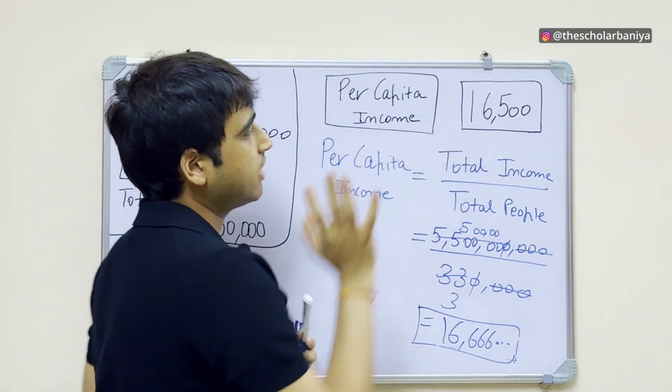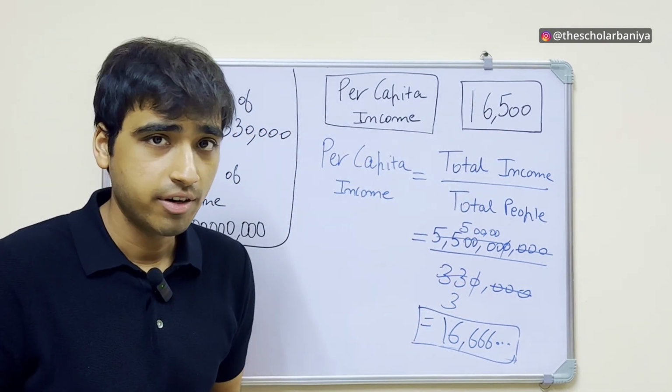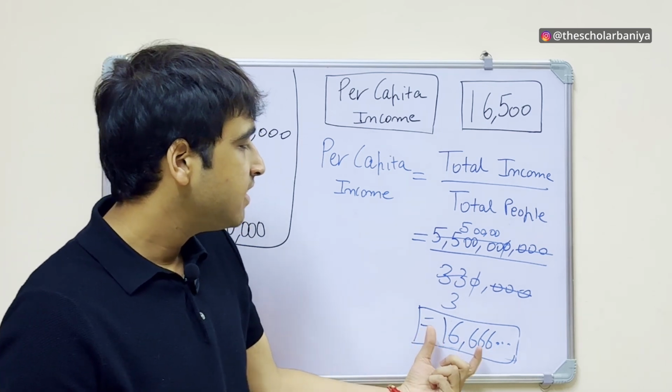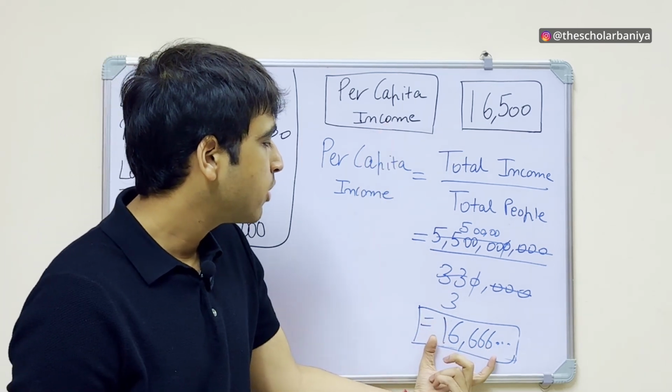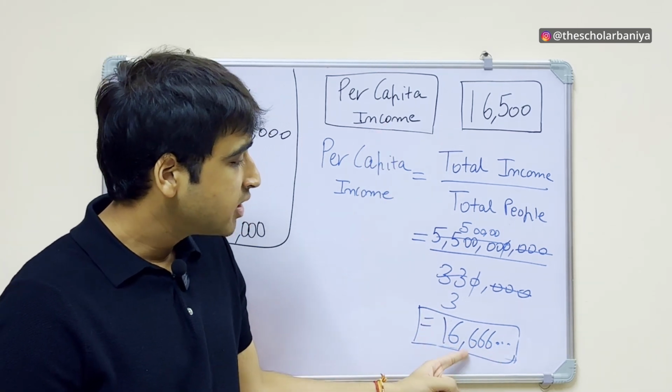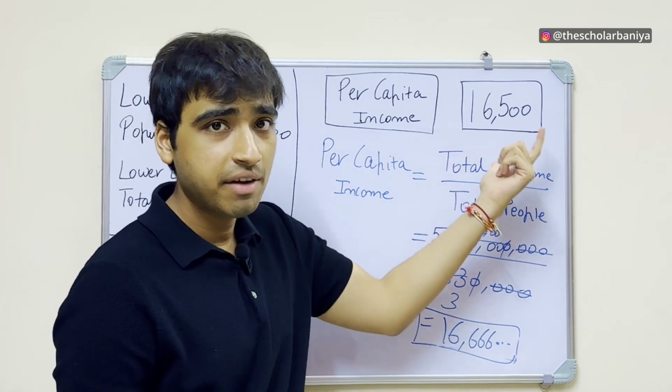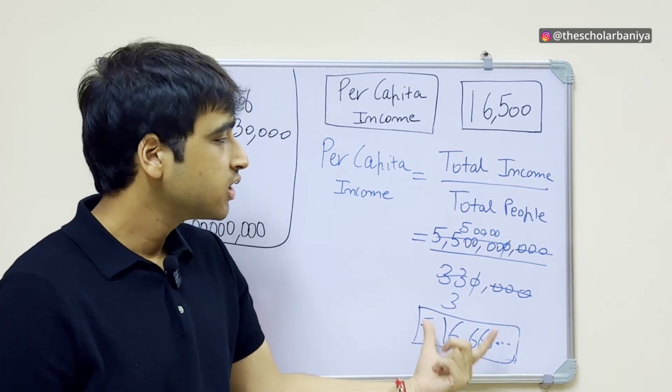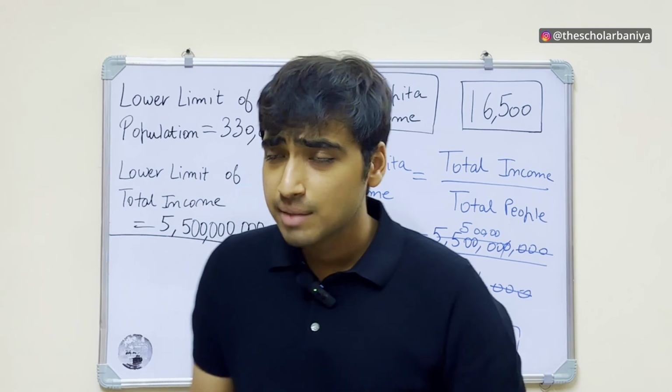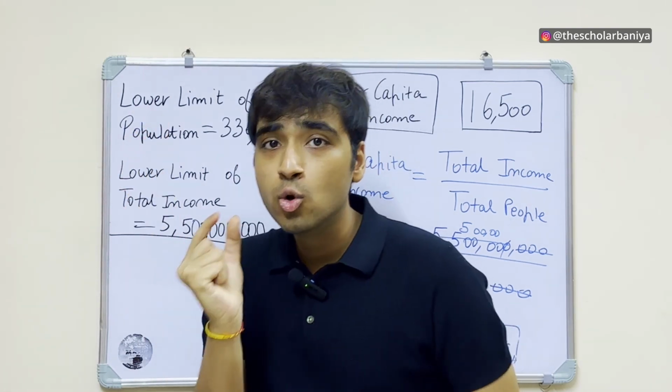And we were given in the question 16,500. So many people will write the answer A because this comes out to be 16,600 something, and this is 16,500, so obviously this is greater. But the point here is that you have to note the lower limit.